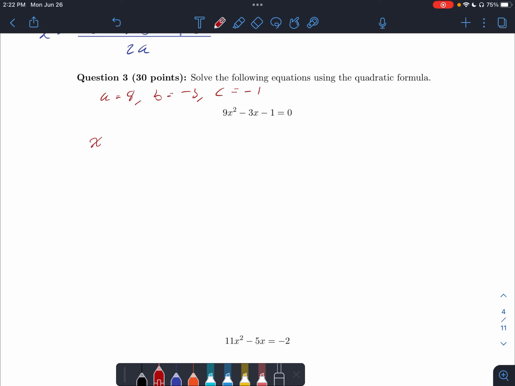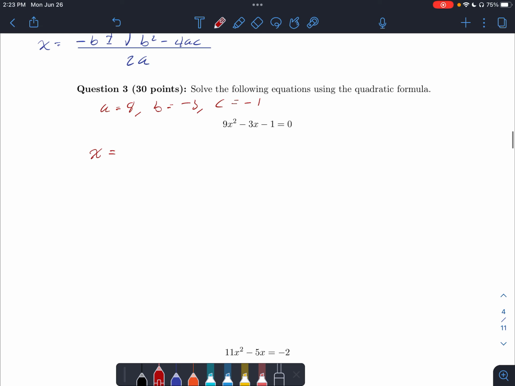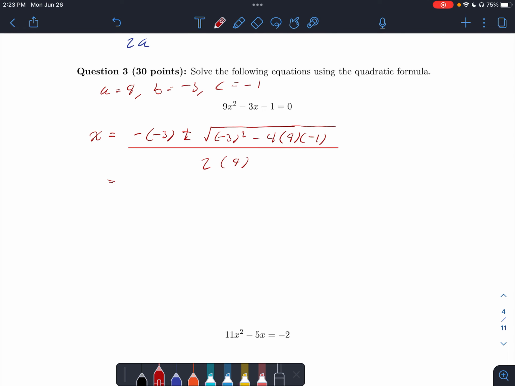So we have x is equal to negative b, so negative negative 3, plus or minus the square root of b squared, so negative 3 squared, minus 4 times a, which is 9, times c, which is negative 1. And this is all going to be over 2a, or 2 times 9. This is really a negative negative 3, which is positive 3.